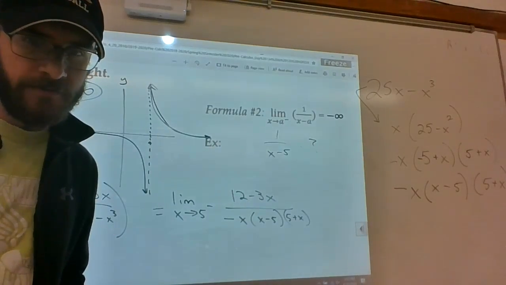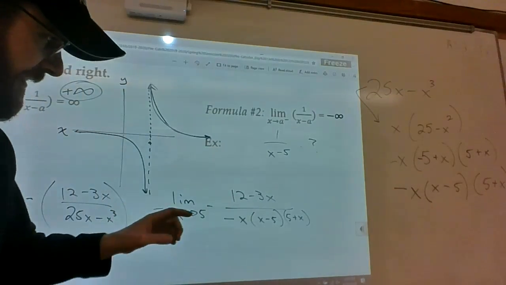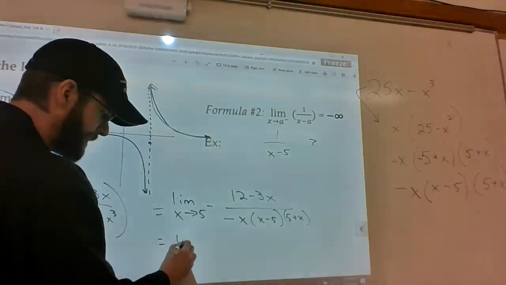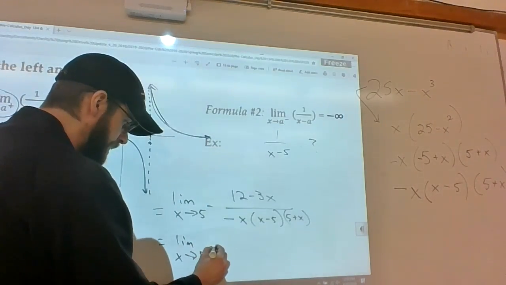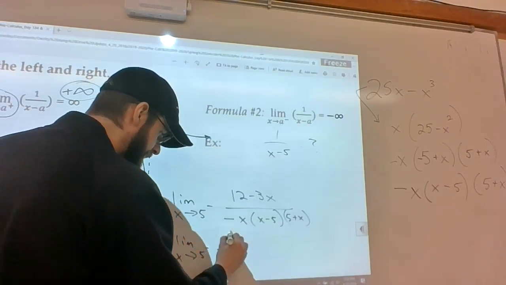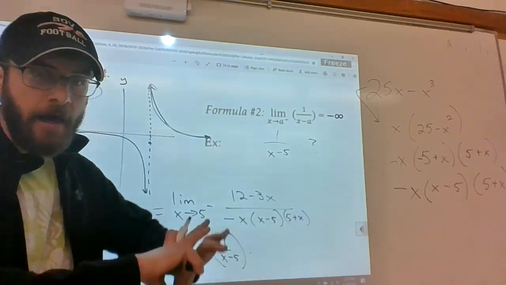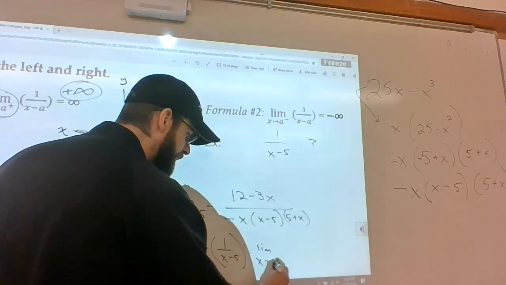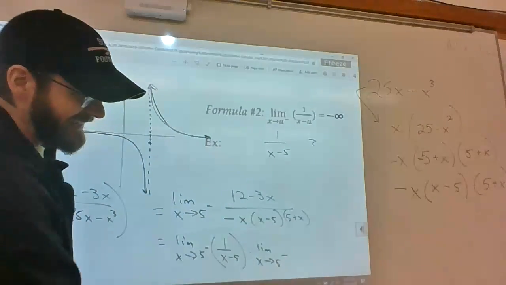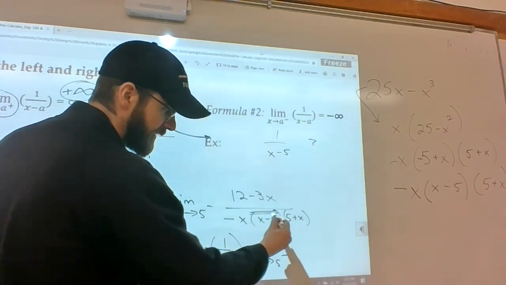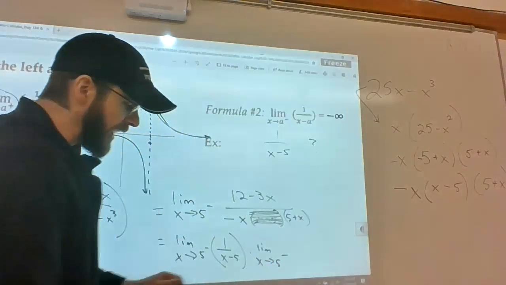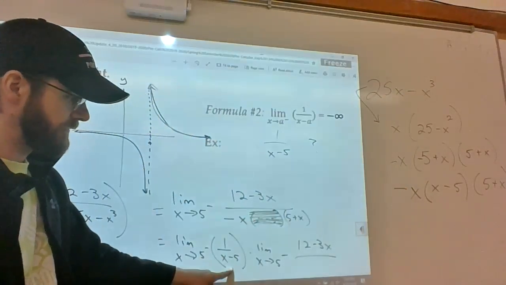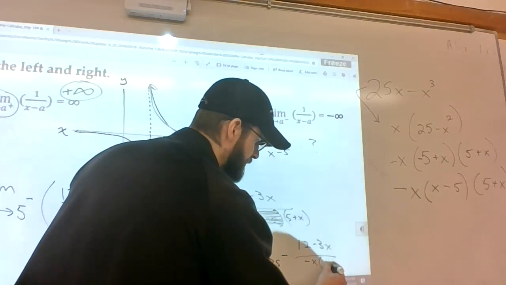And this is what I'm allowed to do. I am allowed to say that this is 1 over x minus 5 times everything else compounded together. So I've basically said extract this part and rewrite it as a product over here. And now you've got 12 minus 3x over negative x times 5 plus x.